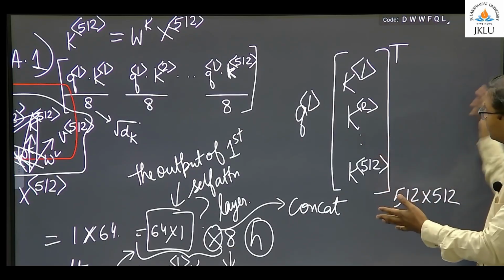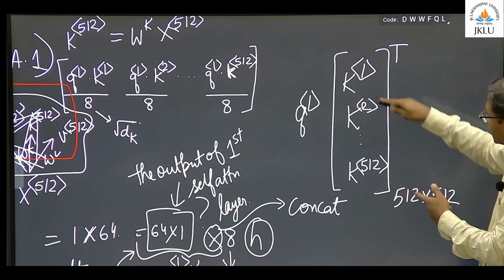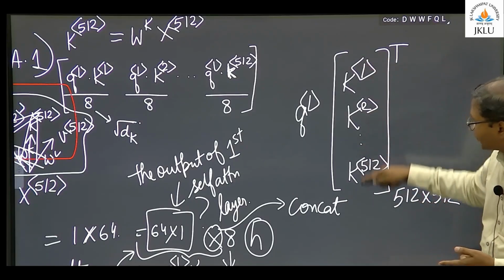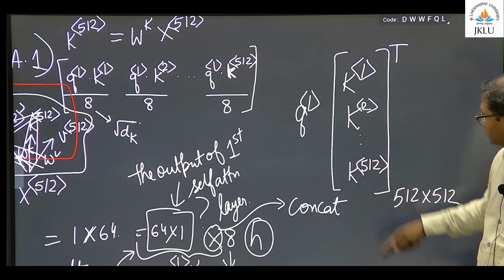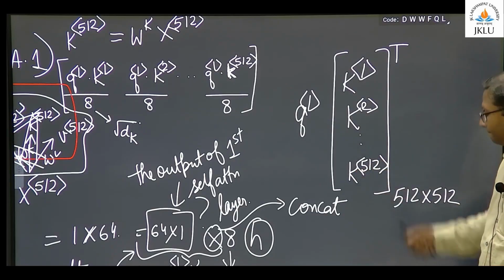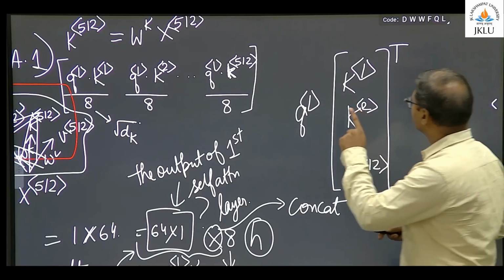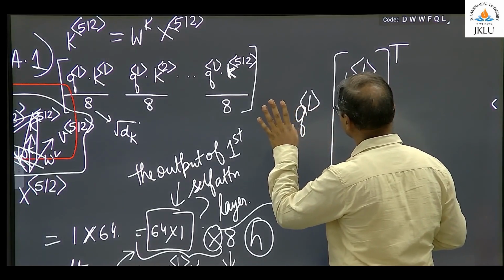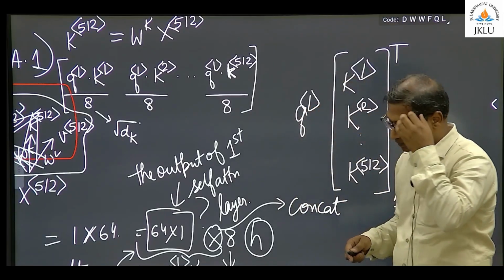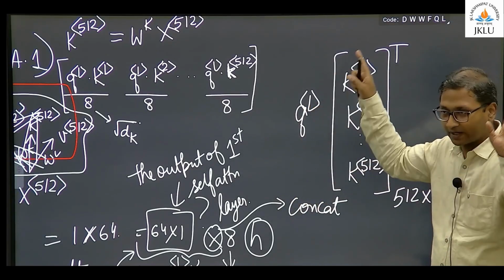Because this will now become K1, K2, K3. This guy is 5 and 2. So this is a row vector.